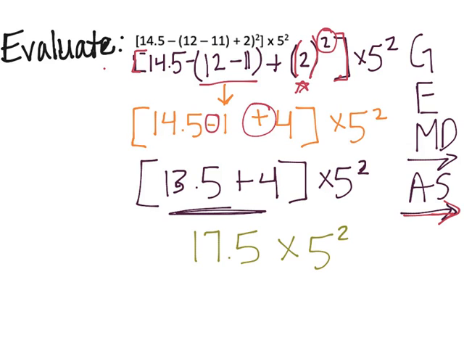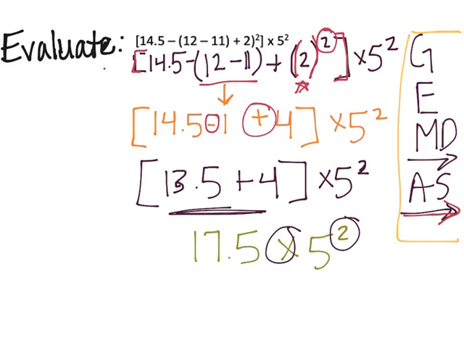Now I see that I have no more groupings, but I do have two operations left. I have multiplication and an exponent. I know based on order of operations, which I wrote over here to remind myself, I have to evaluate exponents first.